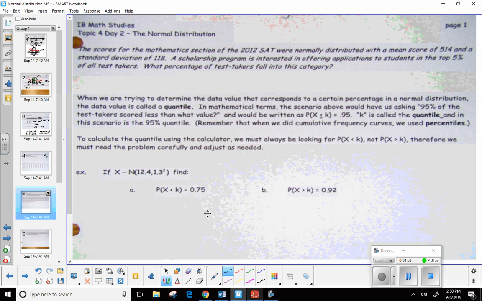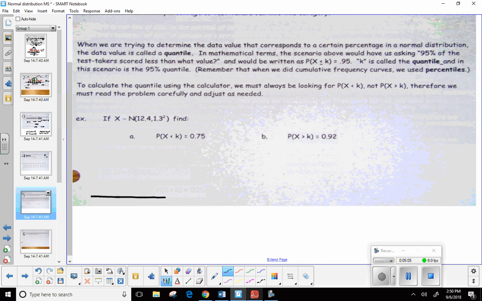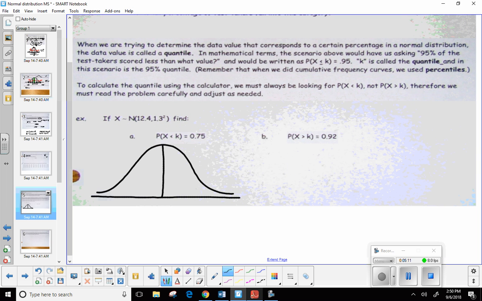Okay, so if I were to look at this on a normally distributed bell curve, it would look something like this. Okay, here's my normal curve. Right here in the middle, there's my mean of 12.4. We've got a standard deviation of 1.3. Remember, ignore the square because the square gives you the variance.